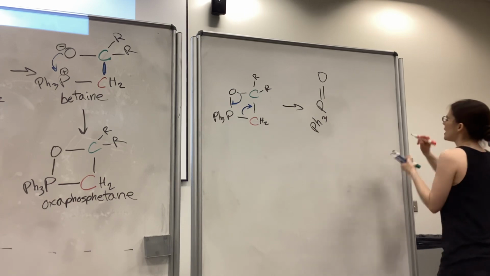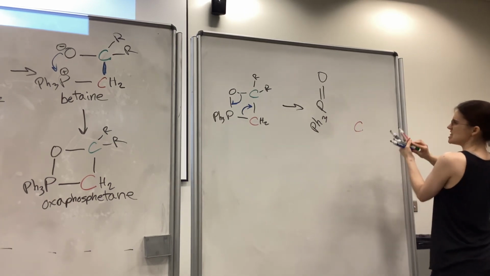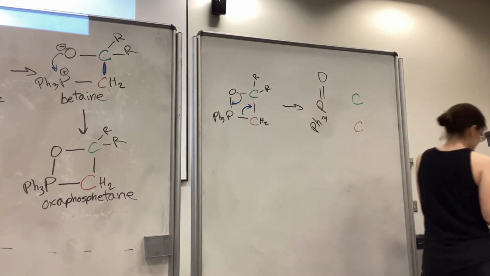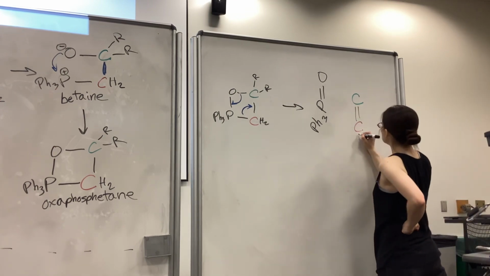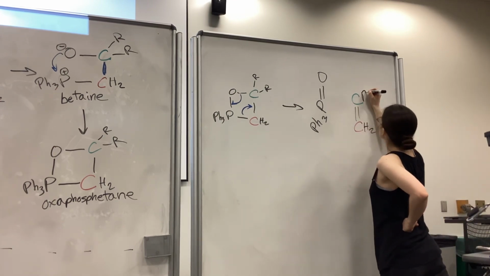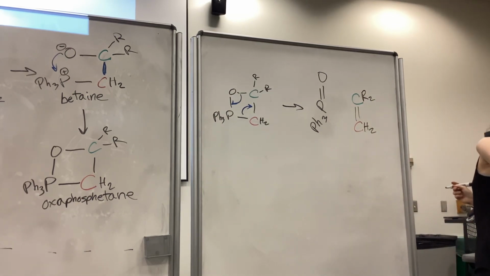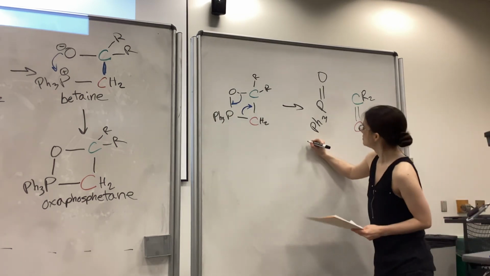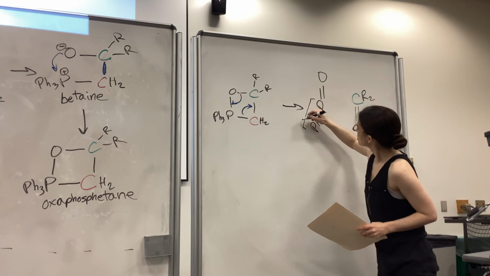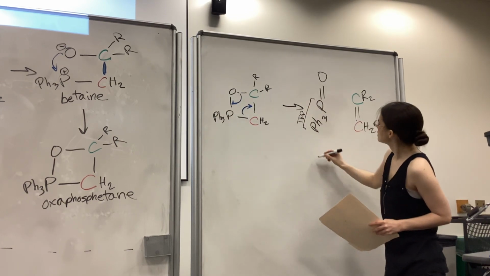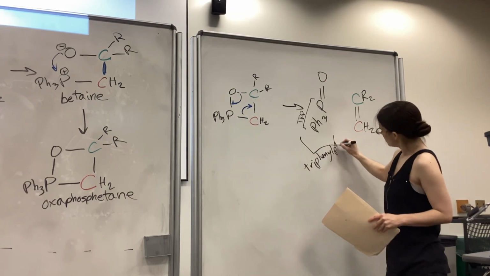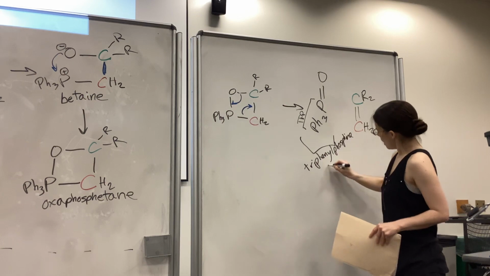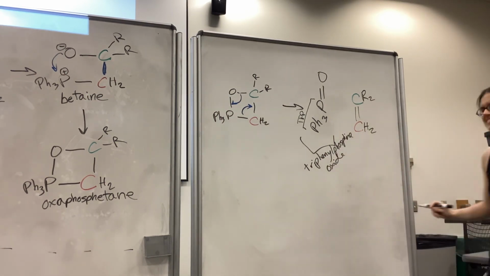Then let's see, we have an alkene. This guy. This is triphenylphosphine, TPP. So this is triphenylphosphine oxide. Yeah.